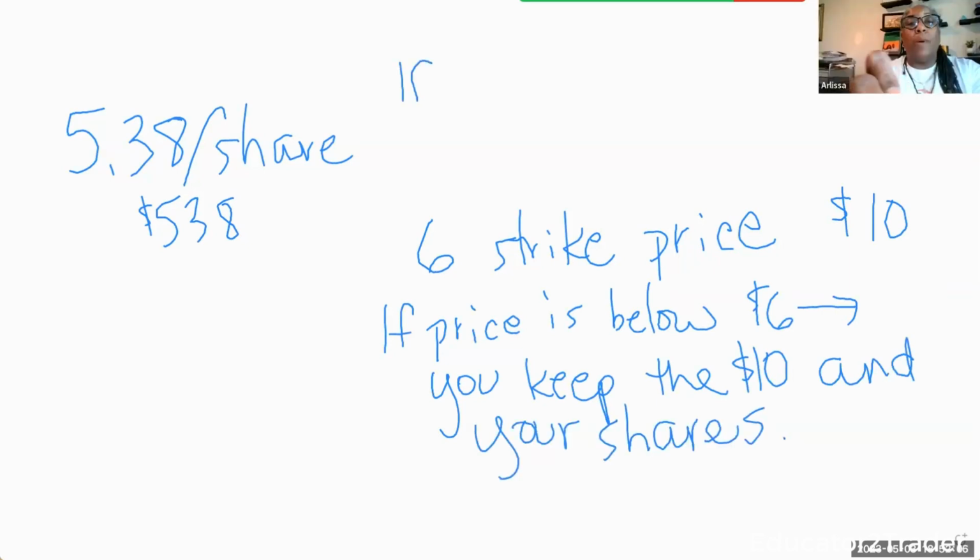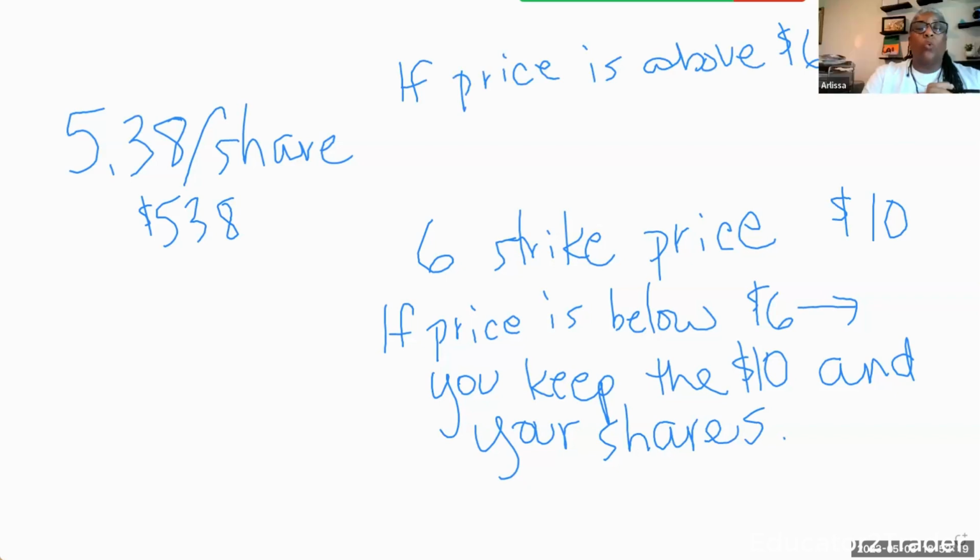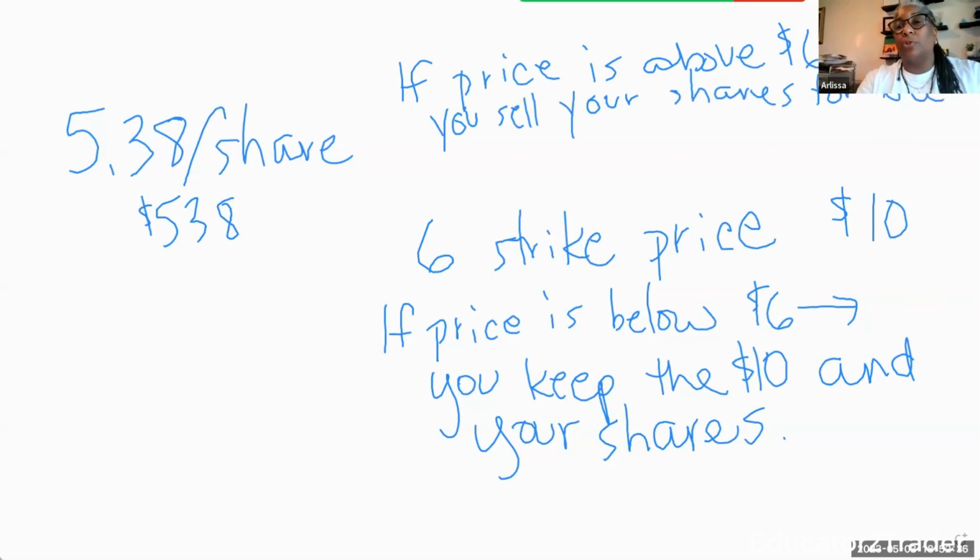If price is above $6, what happens? You lose your shares, but you keep the profit and the premium. So at what price do you lose your shares? The strike price. Yes, so you basically are going to sell your shares for $600, which is the $6 times the 100.